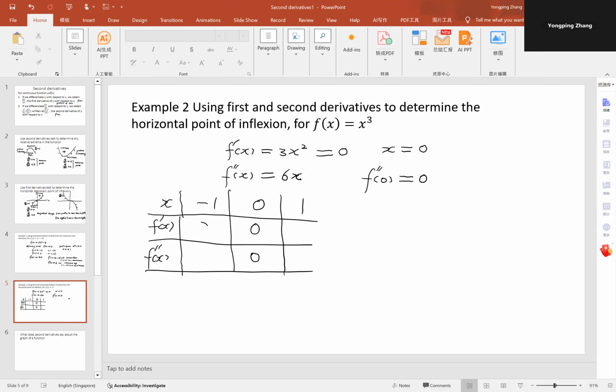This is the 3. Minus 6, 6. So this is the stationary point.